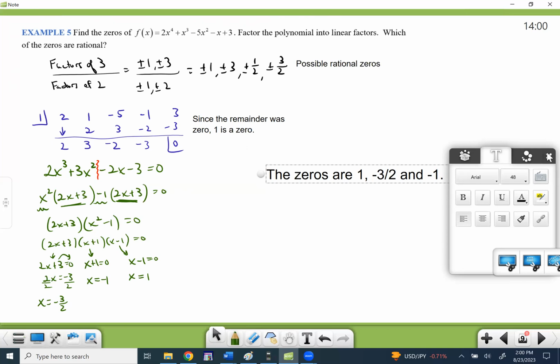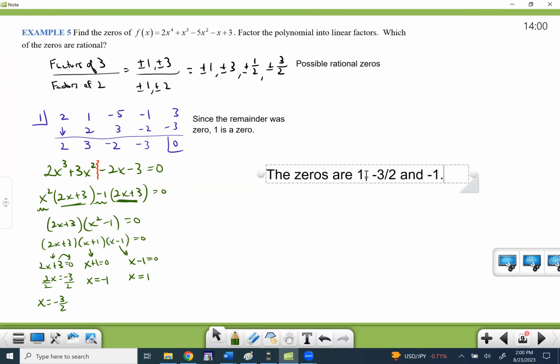Okay, so let me clean this up. Let's see. The zeros are -1, -3/2, and 1, and let's put after this 1 multiplicity 2. All right, maybe I'll put that in parentheses.